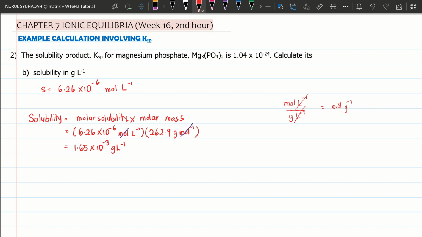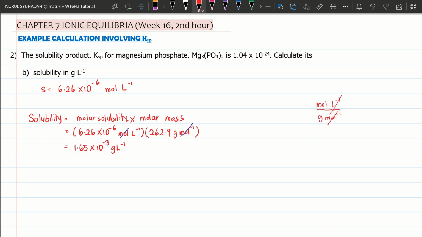Bukan. Okay, so maksudnya yang ini adalah salah. Okay, jadi instead of bahagi dengan molar mass, ni saya terbalik sebenarnya ni. Okay, saya buat lagi sekali. Silap. Okay, nak bahagi ataupun nak darab dengan molar mass kan? Okay, so mol per liter. Okay, katakan saya nak bahagi dengan molar mass, gram per mol. Ini yang betul.